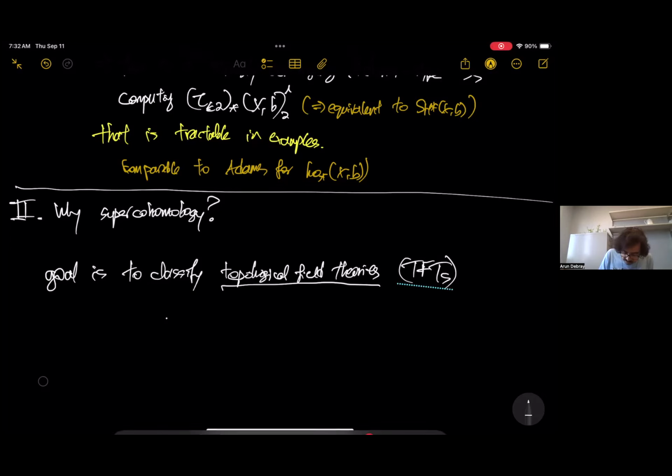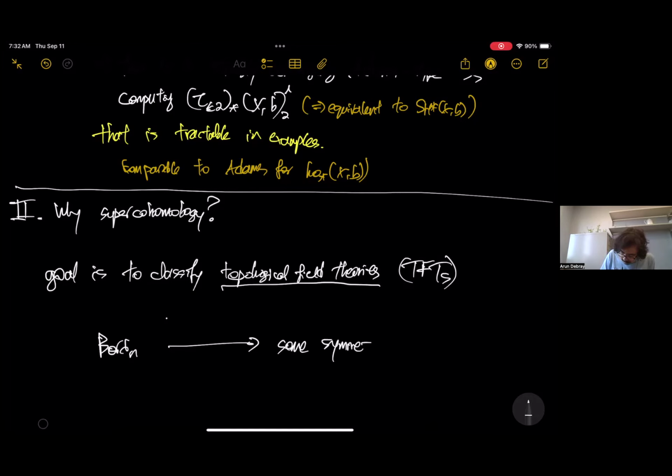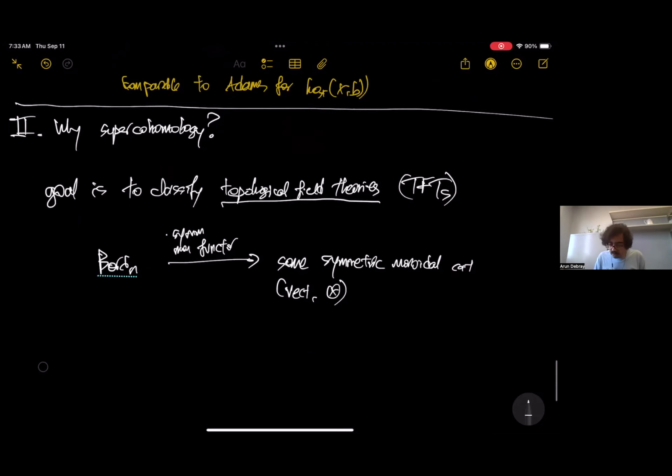So we have a Bordism category and some symmetric monoidal target. So a topological field theory is a symmetric monoidal functor from this category of Bordisms to something, which is usually complex vector spaces with tensor product.